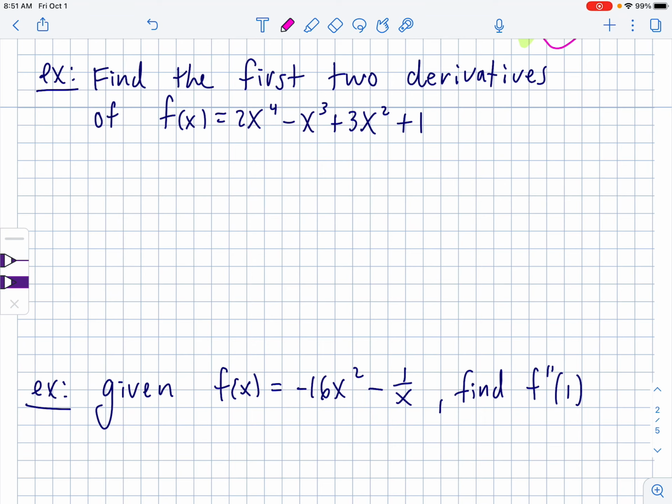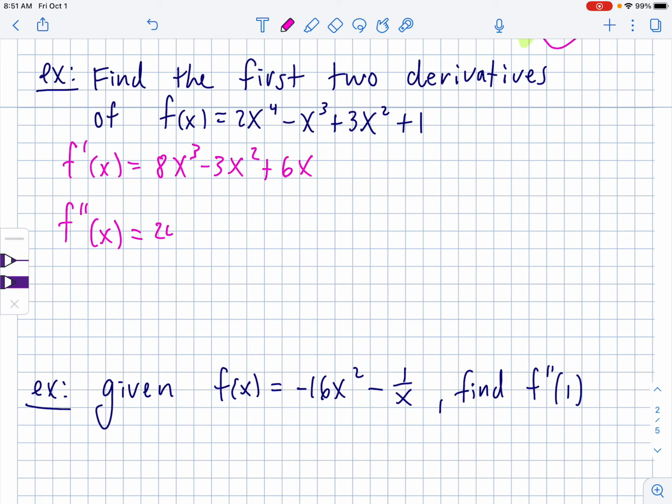First up, we're going to do a little algebra. Find the first two derivatives of that. Well, it's set up perfectly for the power rule. So first derivative, we've done a lot of this. Do the old pop and drop, pop the 4 out, multiply, then drop the x value down. Pop and drop again, 3 comes out in front, drop the x squared down, then we get 6x here, and then the 1 goes away.